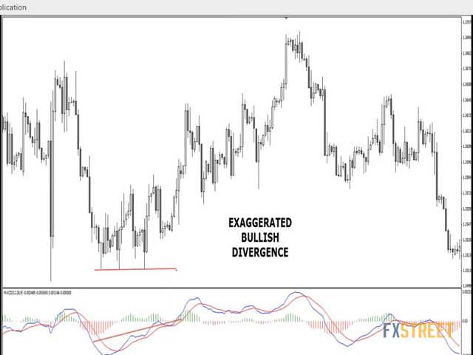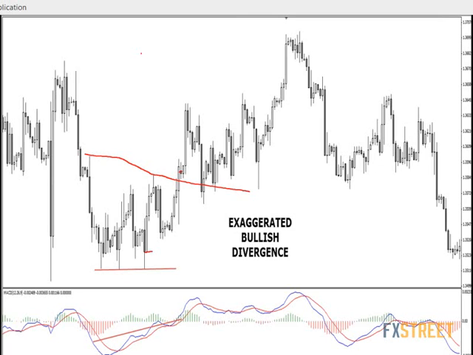Usually when I see a triple bottom like this, I will enter immediately after the price crosses. Now, if I see exaggerated divergence, that is double confirmation. You cannot trade this with trend lines because the first most obvious trend line would happen here, so it's too far away from the price. But if you see a triple or double bottom and you see exaggerated bullish divergence, you go on the candle close after a double or triple bottom.